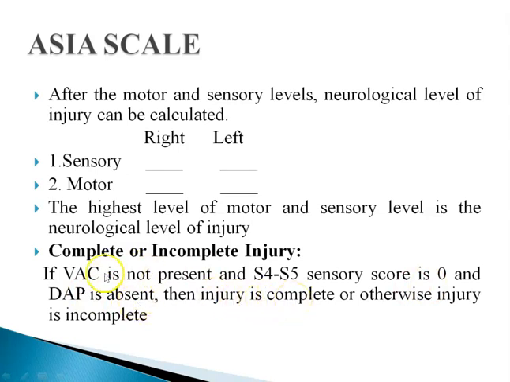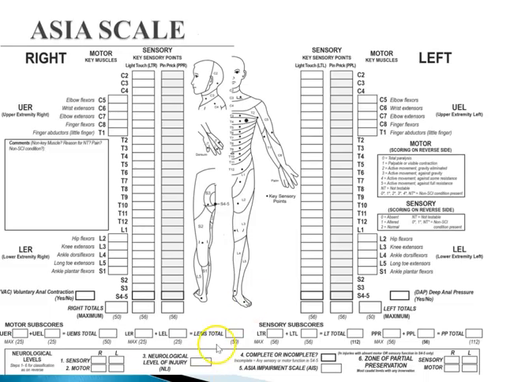That is, VAC is absent, S4, S5 sensory score is 0, so motor is 0, sensory is 0, and deep anal pressure is absent. So if everything is absent at 0, we mark the injury as complete, otherwise the injury is incomplete. This is what we mentioned here as complete or incomplete.